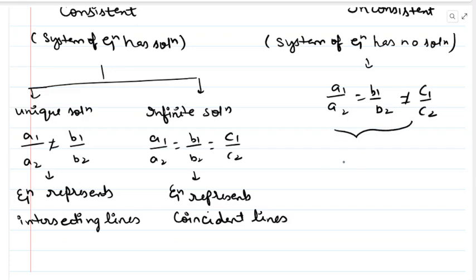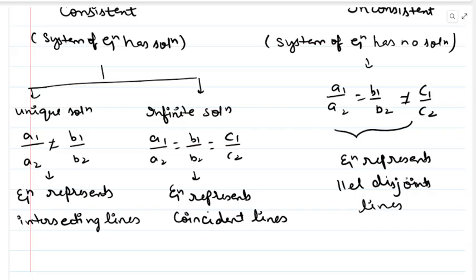And in this system, the equation represents parallel disjoint lines. Okay.